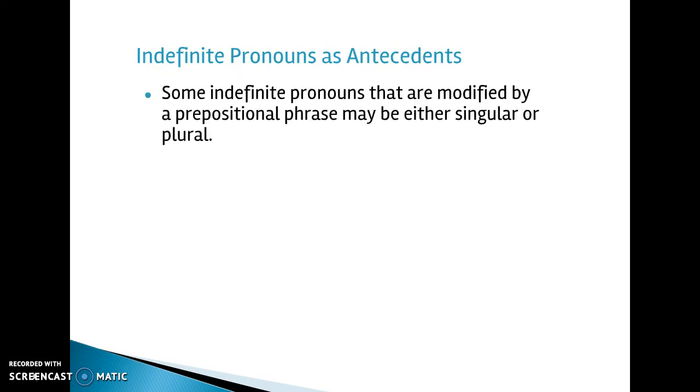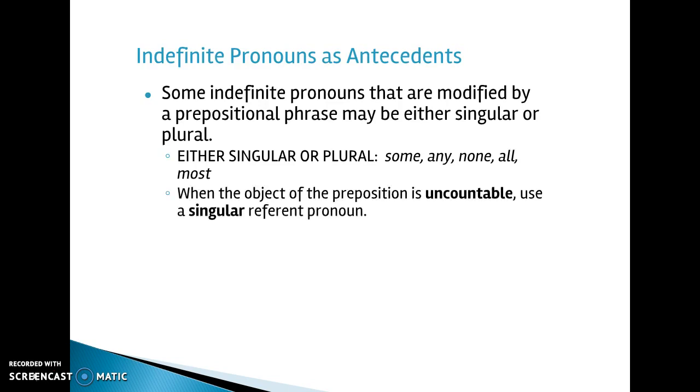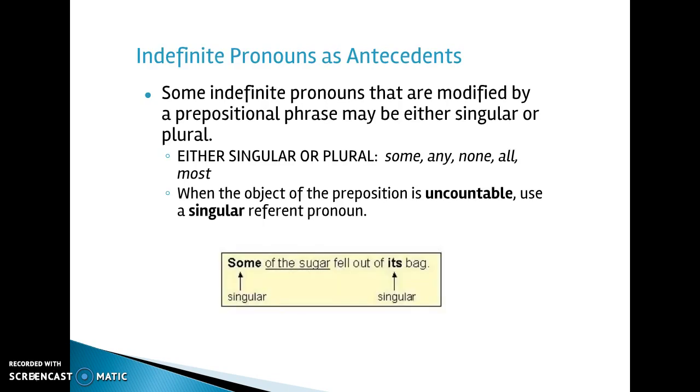Some indefinite pronouns that are modified by a prepositional phrase may be either singular or plural. So the pronouns some, any, none, all, and most can be singular or plural depending on what they modify. Again, this is a bit of review from subject-verb agreement. When the object of the preposition is uncountable, use a singular referent pronoun. So some of the sugar fell out of its bag.